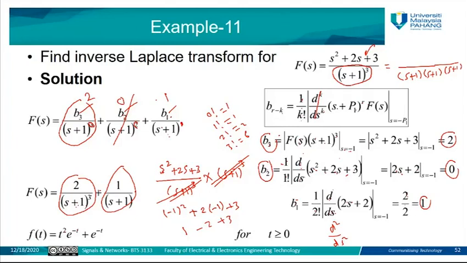According to the table, if you have 1 over (s plus a) to the power of n, then you need to apply this form. So you find it t squared e to the negative t, and here we have 1 over (s plus 1), so it's e to the negative t. Okay, so this will be the inverse Laplace transform for this one.